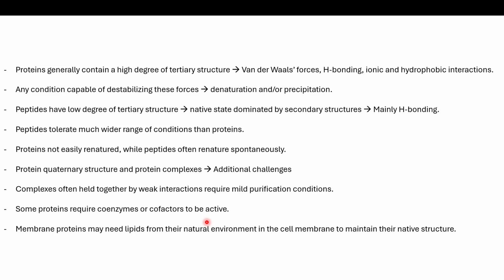They have to be given a treatment of an optimum temperature range, so that they rearrange their helices to get an active conformation. Similarly, some proteins can require coenzymes or cofactors to be active. Membrane proteins may need lipids from their natural environment in the cell membrane to maintain their native structure.